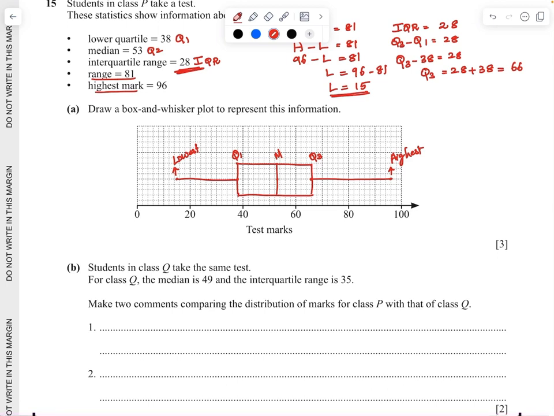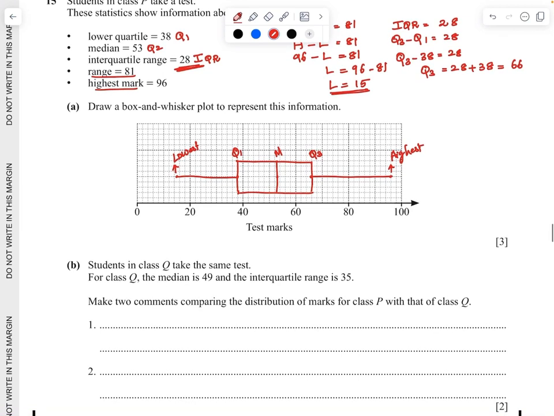Subdivision B. Students in class Q take the same test. For class Q, the median is 49 and the IQR is 35. Make two comments comparing the distribution of marks for class P with that of class Q. Now the median of P is 53 and the median of Q is equal to 49.